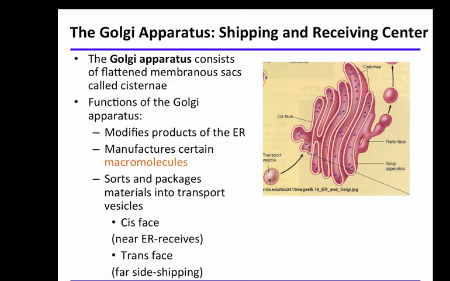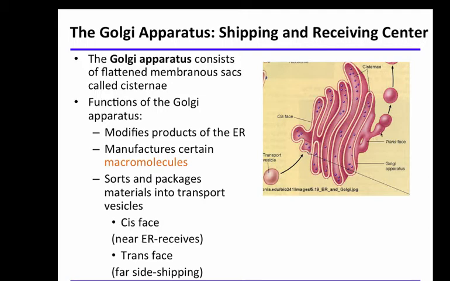So you see a transport vesicle coming from the endoplasmic reticulum. And it comes to the cis face of the Golgi. And in the Golgi, it may be modified. Okay? It's sorted and packaged, if you will.